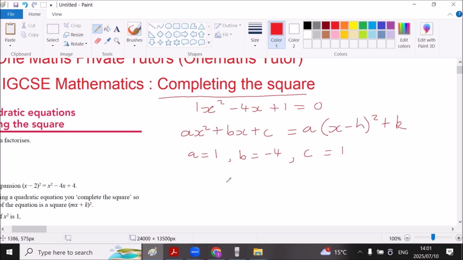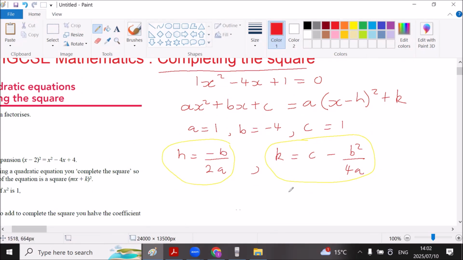To find the value of h, we say h is equal to minus b over 2a. And to find the value of k, we say k is equal to c minus b squared over 4a. And we have to recall these two formulas.